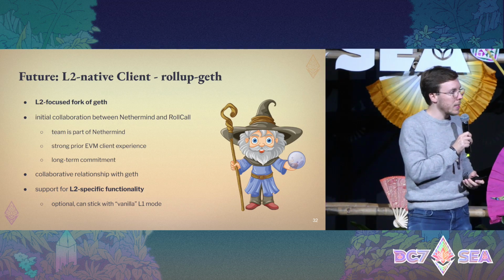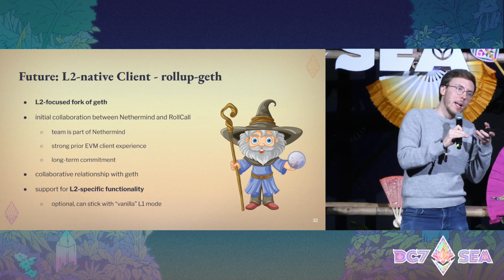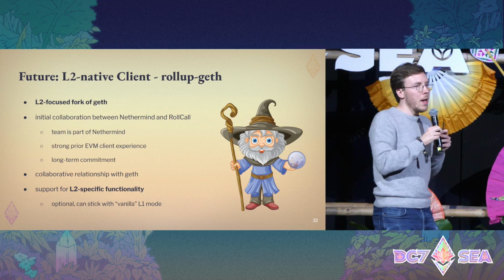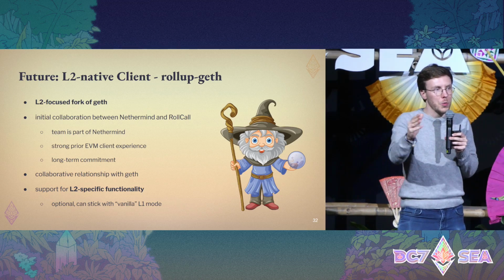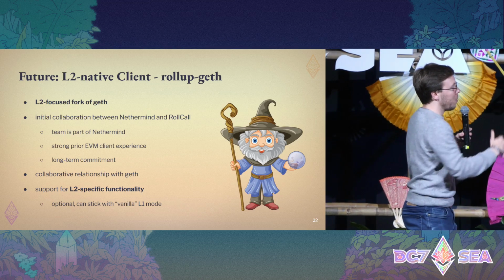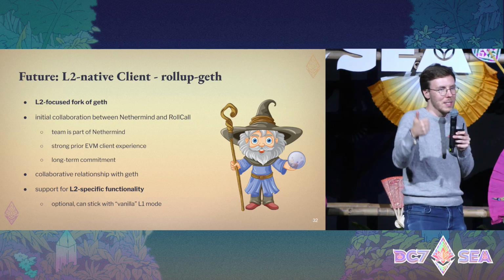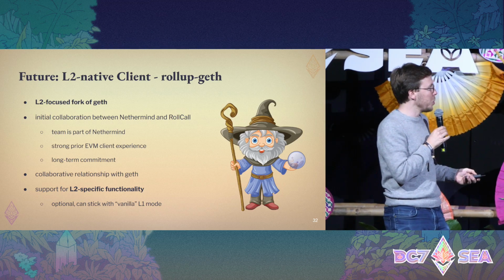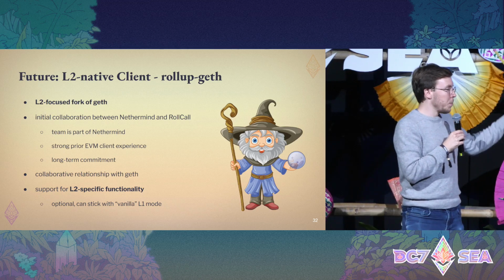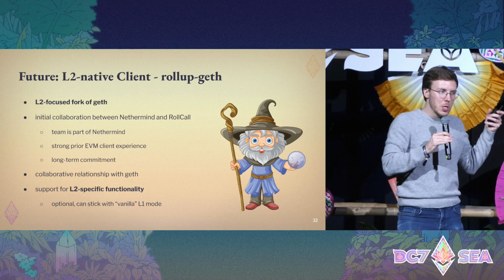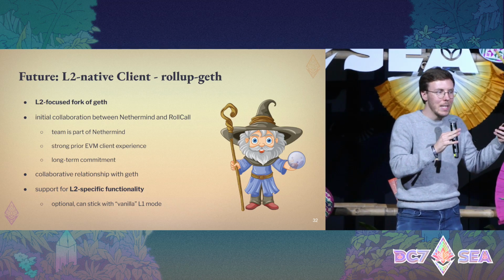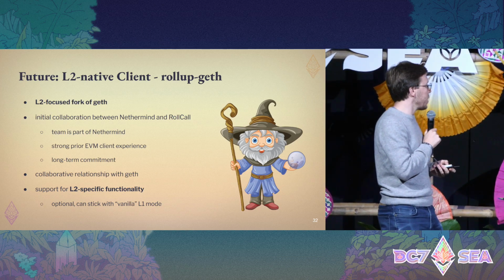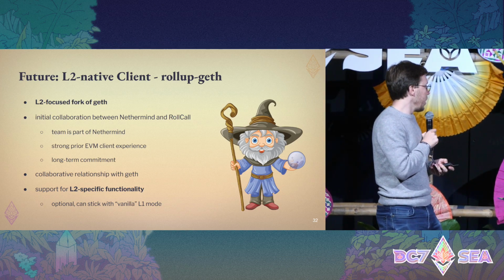It starts out identical, but over time we'll add more and more L2 native and L2 specific features, and it will join the set of L2 focused clients. Nethermind now has the Nethermind client and the Rollup Geth client, both of them happy to support L2s. Then there's also Reth, there's Besu, there's Erigon. So we now have an entire set of clients that are willing to support L2s.